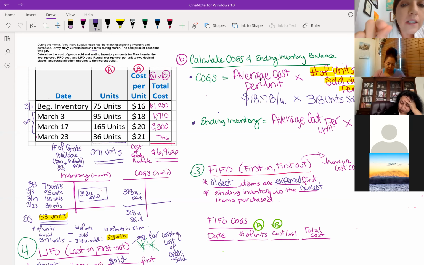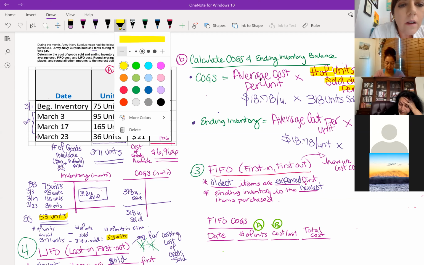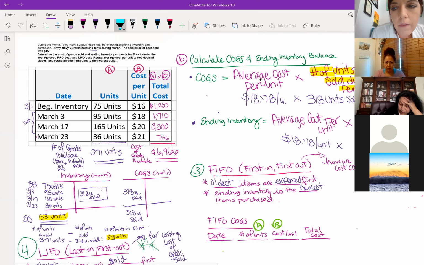If a company is using average cost, they're going to use the average cost per unit again of $18.78 per unit, and we're going to multiply that times the number of units in ending inventory at period end. So how many units are still on hand at the end of the year, or in this case, at the end of the month? 53 units.